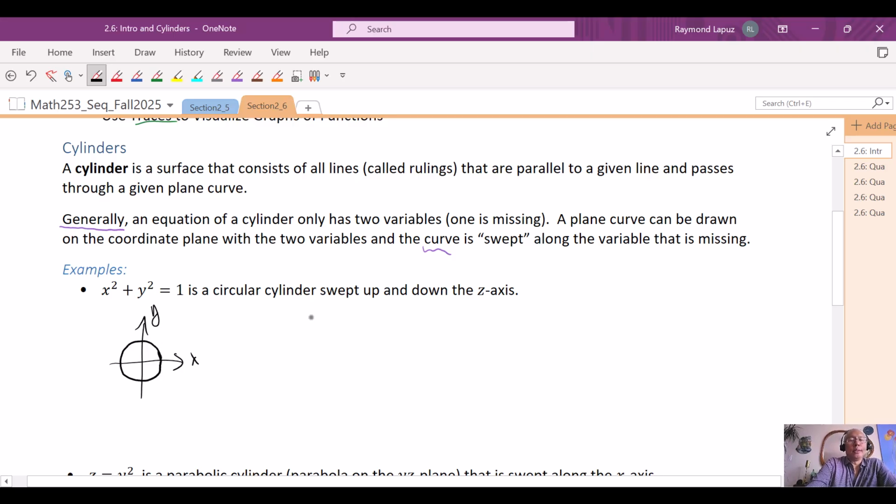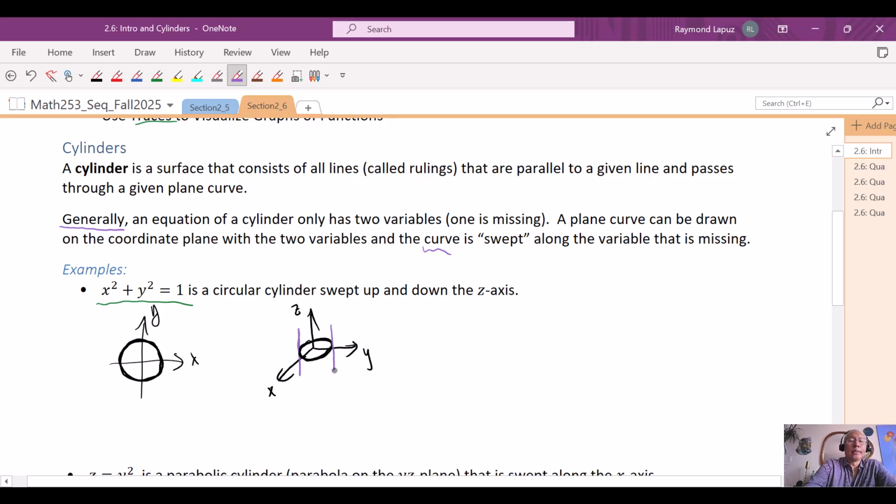So what I want to do is draw this in space with the x, y, and z axes, and I would draw that same circle, except the xy plane is down here, so I would draw this from a perspective kind of space. This is exactly this circle being tilted down, so now it looks like this. Now the idea is that in this equation I don't see a z variable, so along the z variable I would draw my rulings.